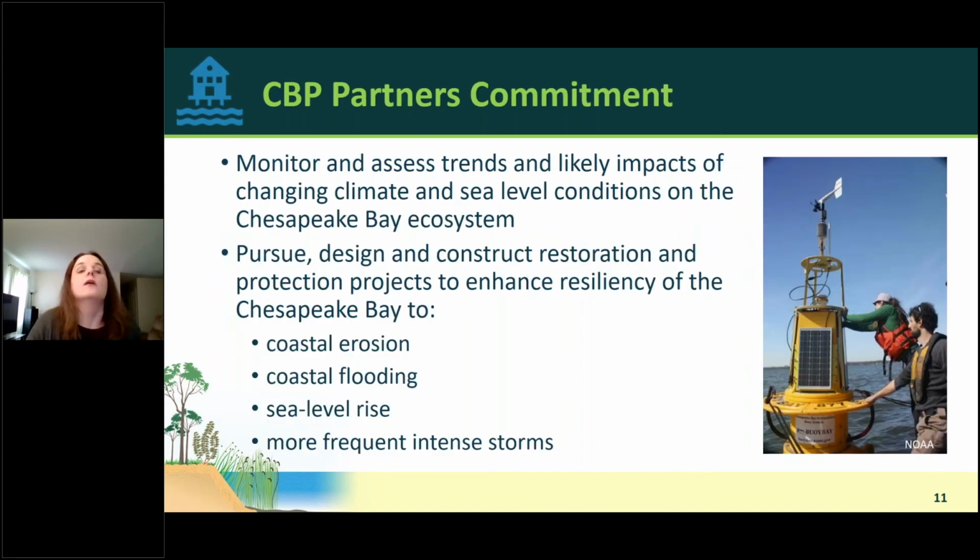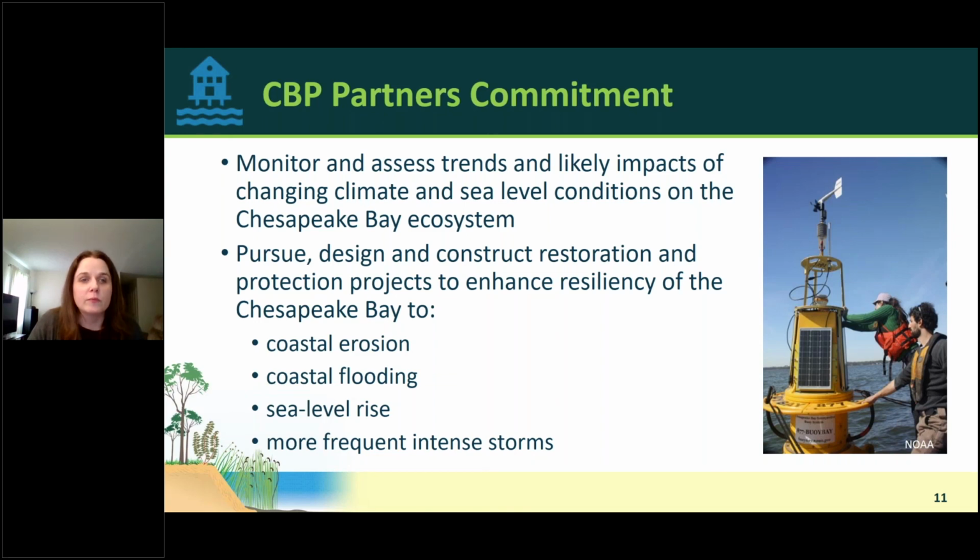So we have a commitment with the Chesapeake Bay Program partners in achieving our climate resiliency goal, and we have two major outcomes that we're focusing on. One is to monitor and assess trends and likely impacts of changing climate and sea level conditions on the Chesapeake Bay ecosystem. So we need to collect information to know what direction we are going in addressing climate change and meeting our water quality goals and our restoration goals.